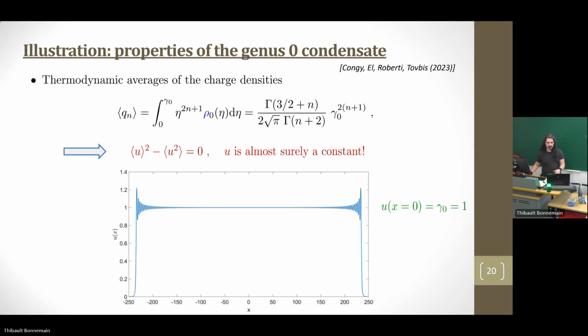Okay, and what I mean by that is that if I generate an N-soliton solution with parameters that are distributed according to the genus zero density of states, that's what I end up with. So here you have a 150-soliton solution. Here, you have some finite size effects on the side, which are reminiscent of the Gibbs phenomenon, but you can see that on the bottom, you closely approach the constant.